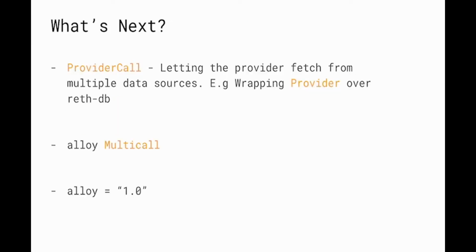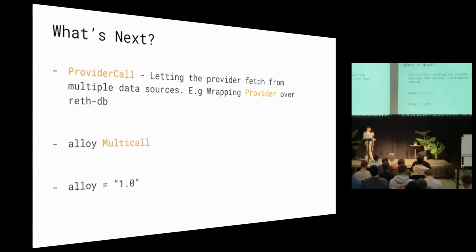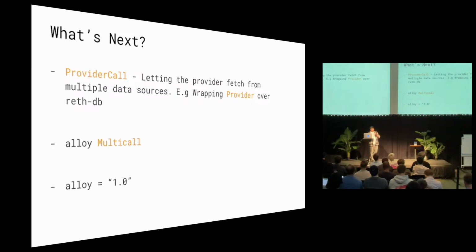So what's next? Currently, due to the limitations of the provider trait, you cannot override and write your own provider trait implementation, such as wrapping it over RethDB. We want to enable that, and to do that, in the next few weeks we're introducing provider call, which will let you fetch data from multiple data sources at once.